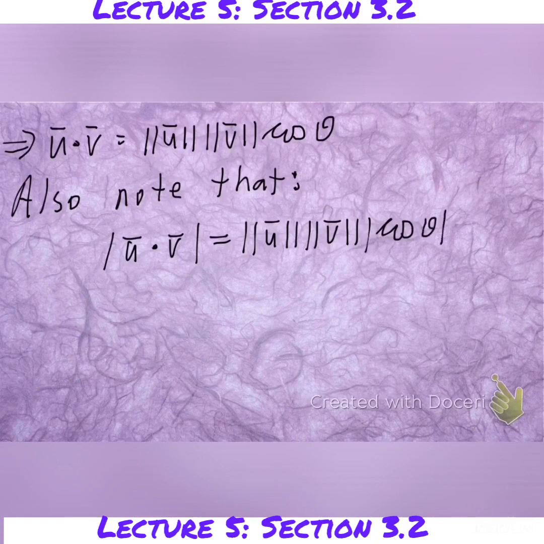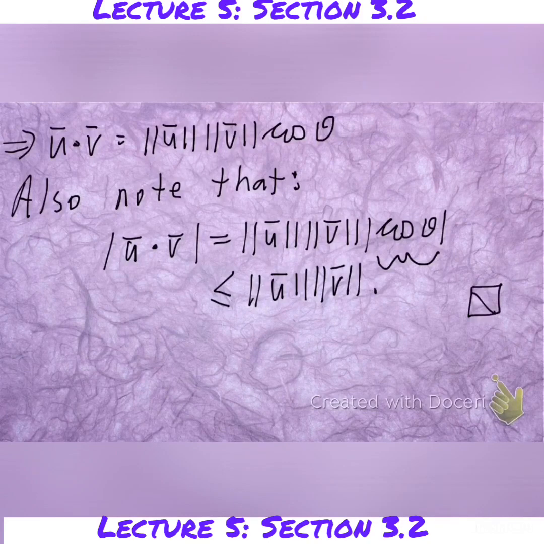Cos of theta, okay? And what is the biggest that can become? The biggest the absolute value of cos of theta can be is 1. So this inequality is a well-known inequality. It's called the Cauchy-Schwarz inequality, and we'll get to that later in the notes. Okay, so also just take note of this inequality. So all these things are related.